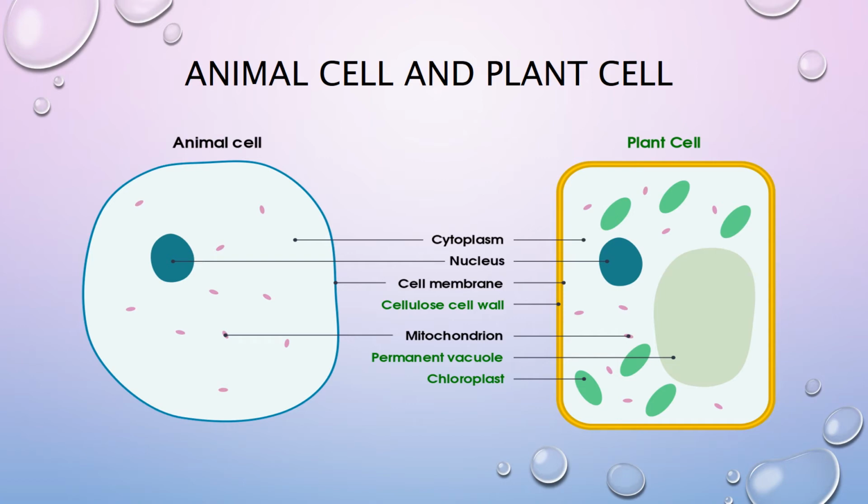Cell membrane is also present in both. Cell wall is present only in the plant cell and it is not in the animal cell. Then mitochondria, then vacuole. Vacuole is larger in the plant cell, whereas in animal cell it is smaller in size. And chloroplast, that is the green pigment which you can see in the plant cell, that is called chloroplast.